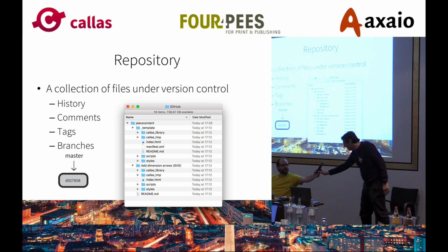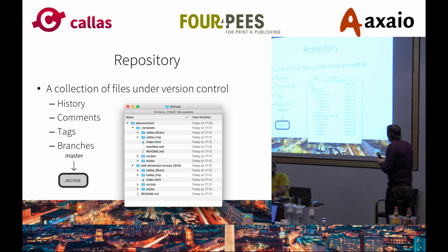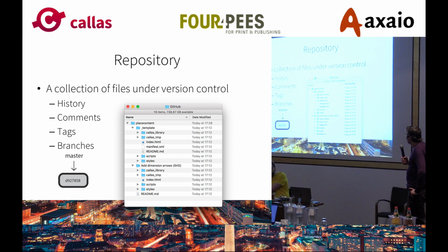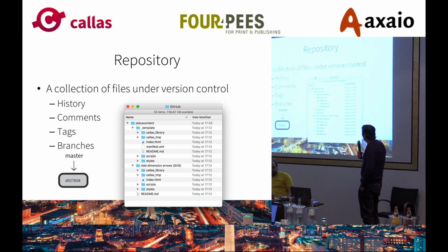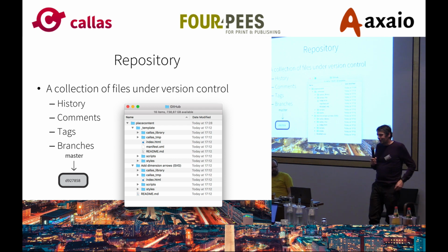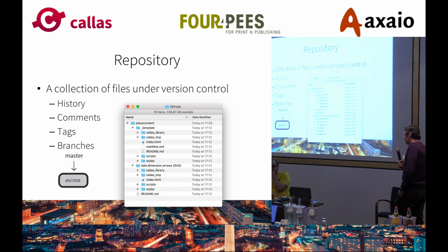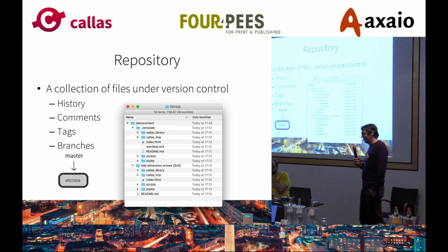Yeah, that's true. So let me start with the main word that is used everywhere in the GitHub world. So that's the word repository. What is a repository? So a repository is a collection of files with a history.